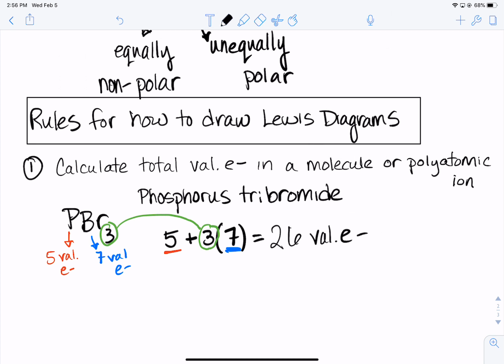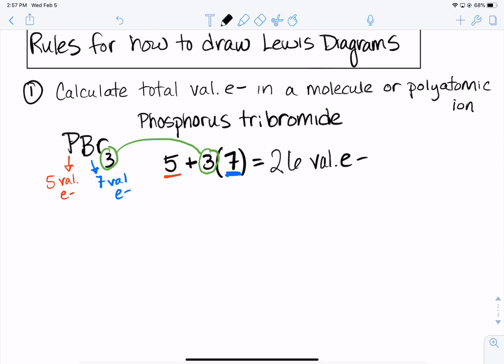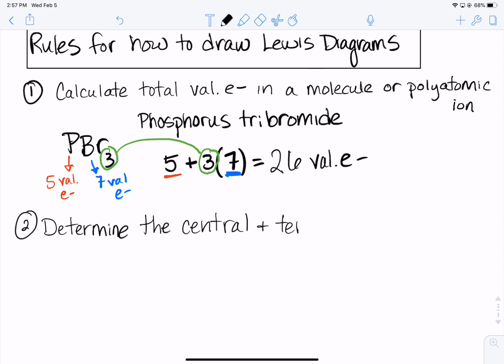Step 2. We need to determine the central and terminal atoms.